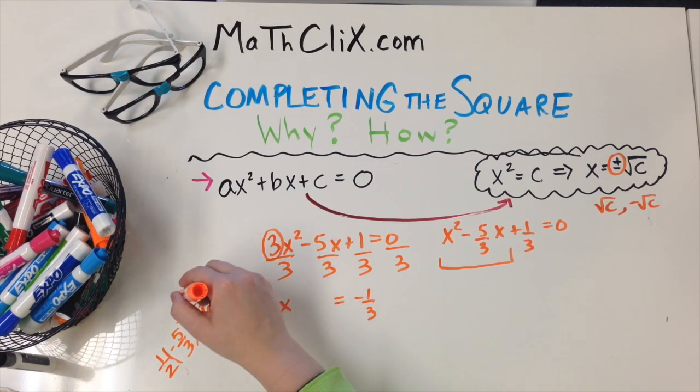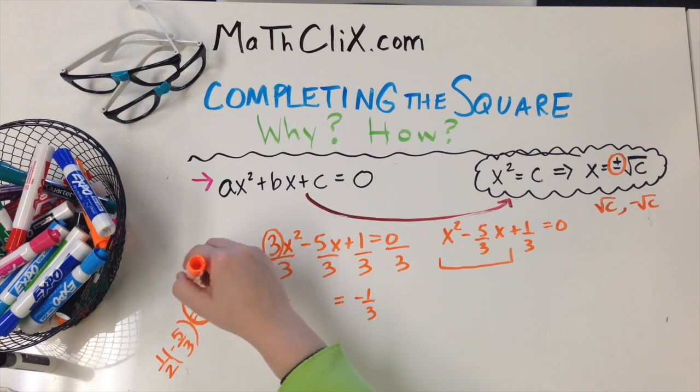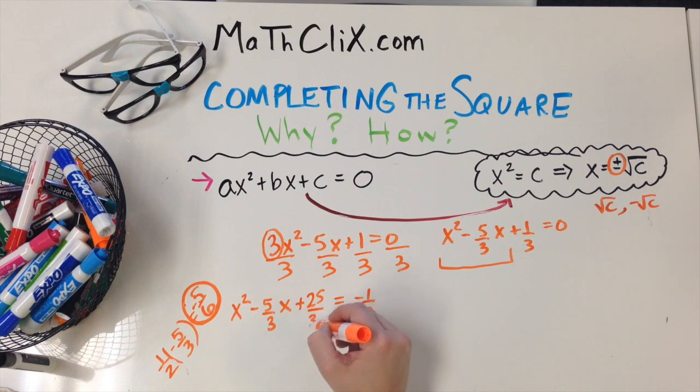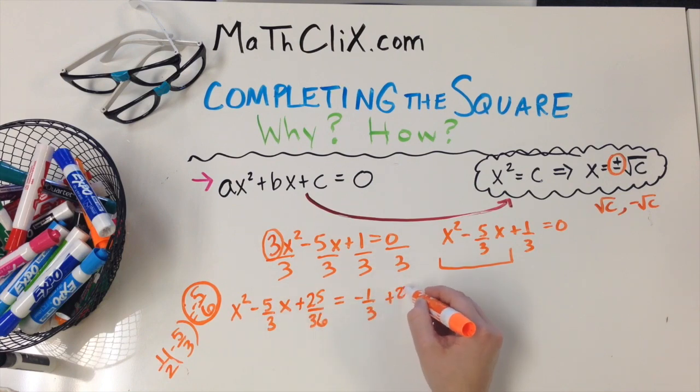So this is my little magic number. I'm going to put it in a circle. That's not the number that you add in. You add in this thing squared. So we're actually going to add in 25 over 36.